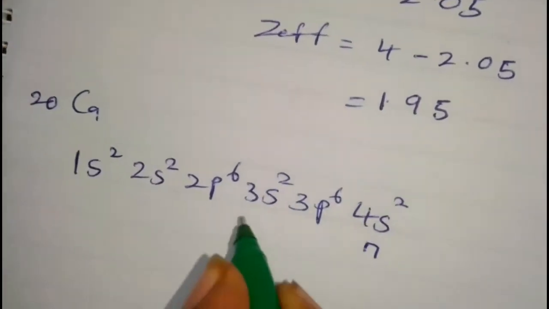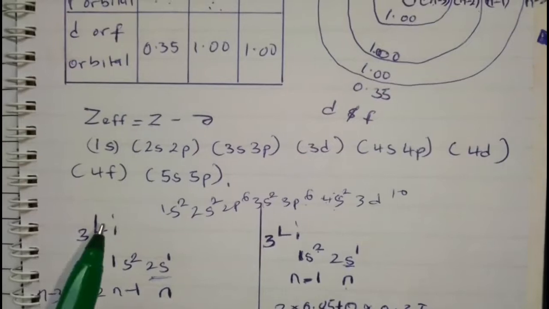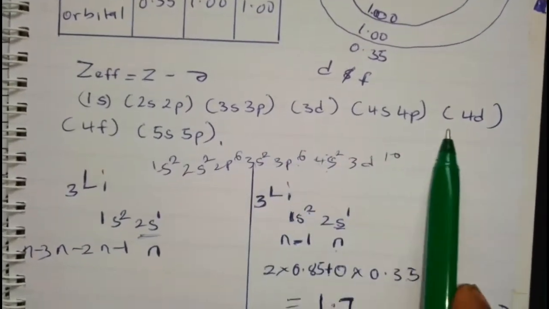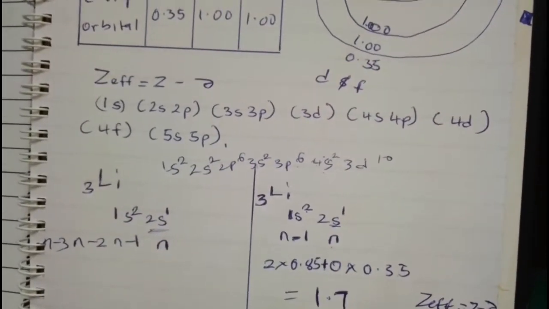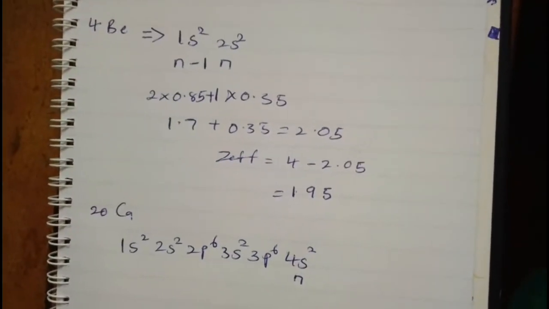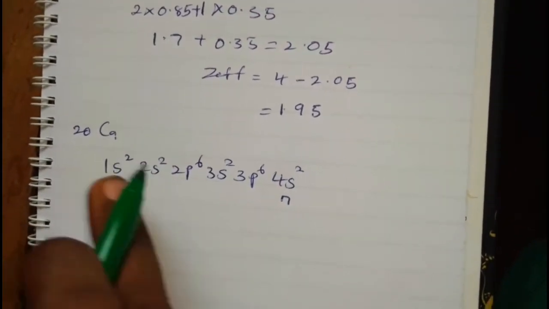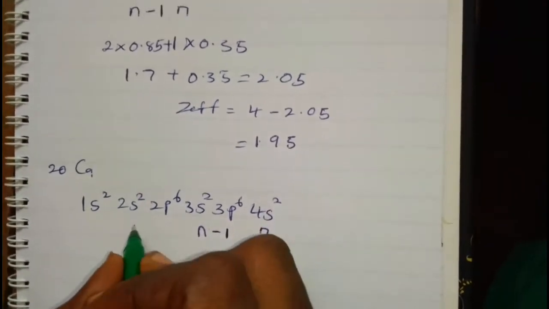And don't forget the grouping, this grouping that I said, 2s and 2p will be together. So we're going to be using these groupings right now. So we've grouped this one together, this one is separate, this one is separate. So this one will be our n minus 1, n minus 2, n minus 3.